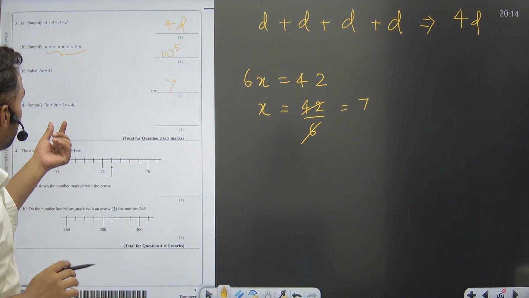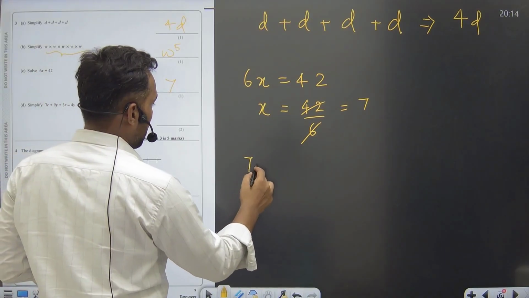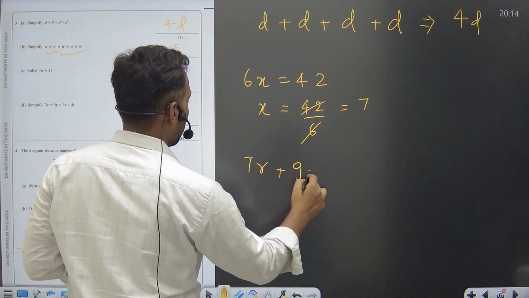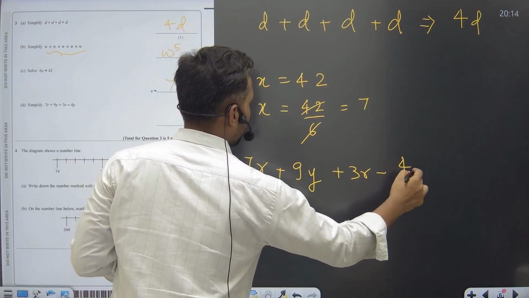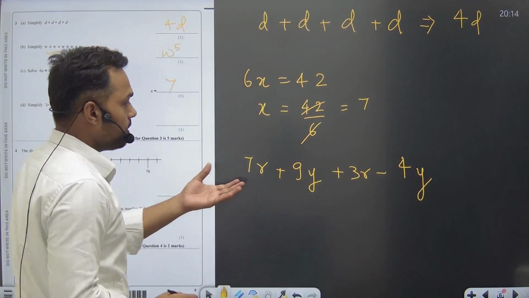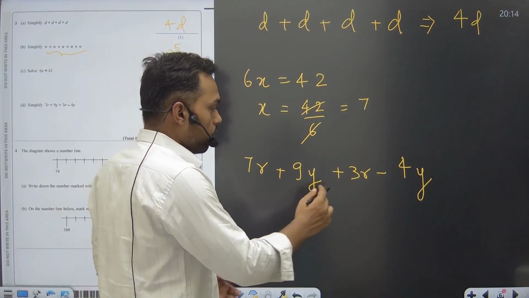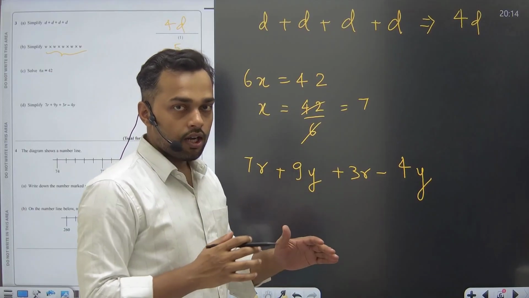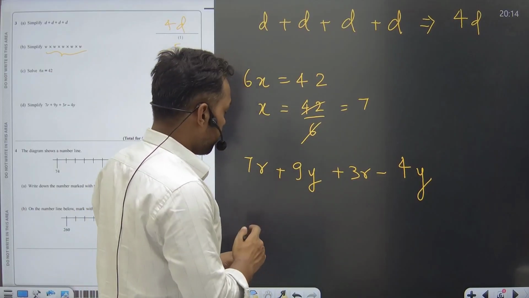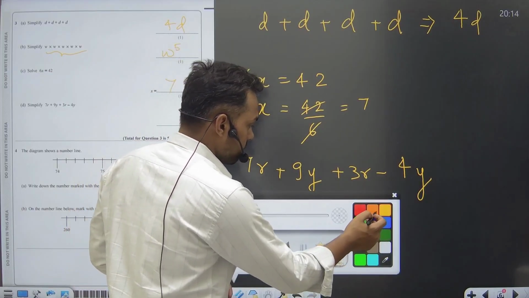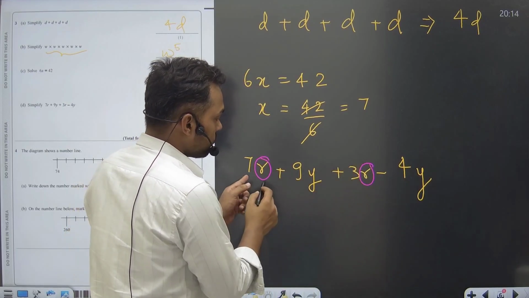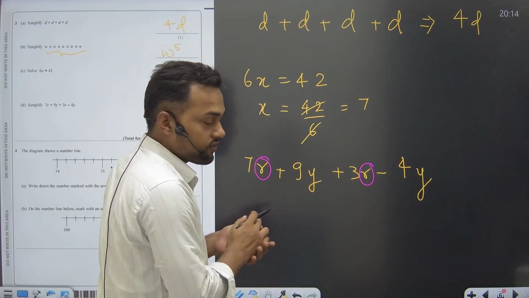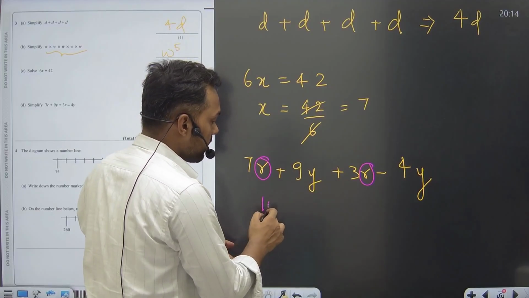Now similarly simplify 7r plus 9y plus 3r minus 4y. Okay, this we need to simplify. So what we need to do is find the like coefficients. First like coefficient is r. So 7r plus 3r will be 10r.